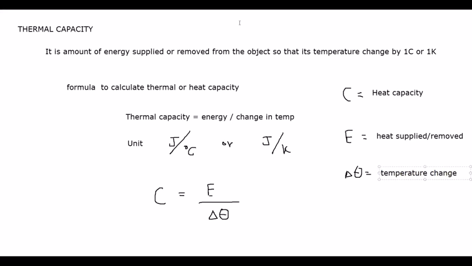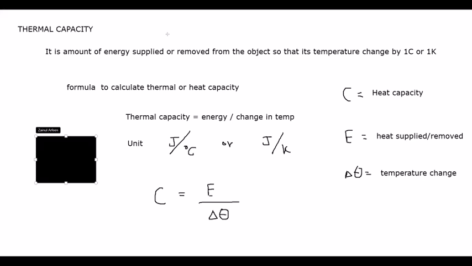For example, you have an object and you supply 5,000 joules. What will happen? It will cause a change in temperature.